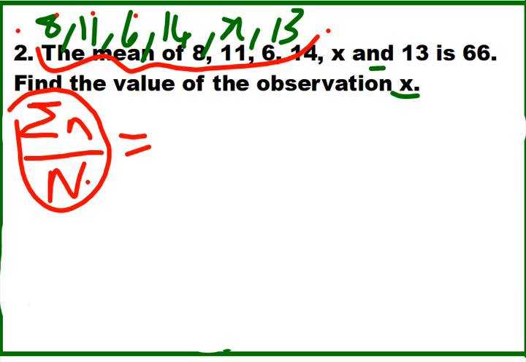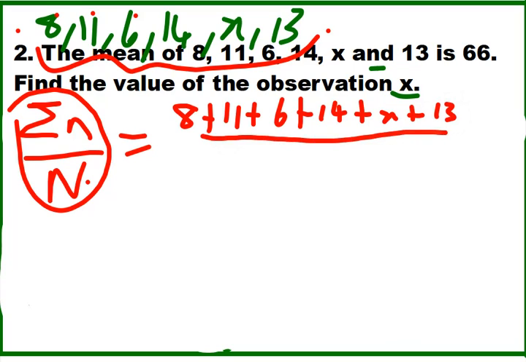This, by the way, represents the mean. We're going to substitute 8 plus 11 plus 6 plus 14 plus x plus 13 all over 6, because we have 6 elements. If we count these elements 1, 2, 3, 4, 5, 6, we have 6 even though we don't know the value of x.